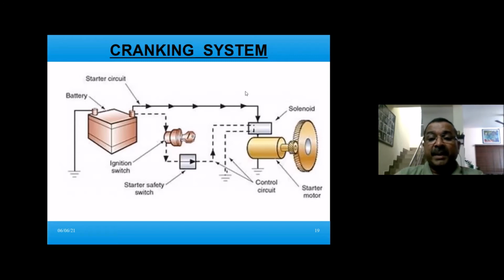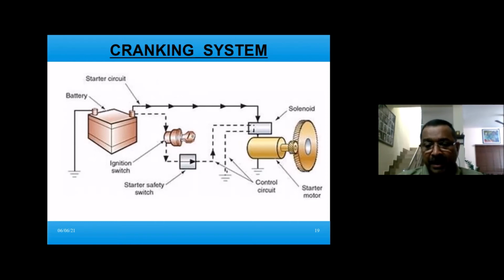So here what we do is we will keep all other systems, let us say the lubricating system, fuel system, cooling system, all in operational condition, and we will rotate your crankshaft up to a certain RPM, let us say 90 RPM.